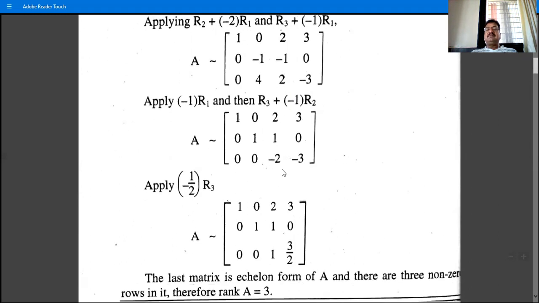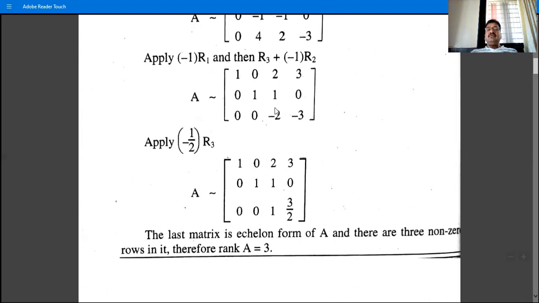So we have this matrix. After this operation R3 minus 4 R2, we have this. Write one more step here: apply the minus 1 R2 operation on the second row, not the first row, and then write the matrix, and then apply R3 minus 4 R2, and we have this matrix.